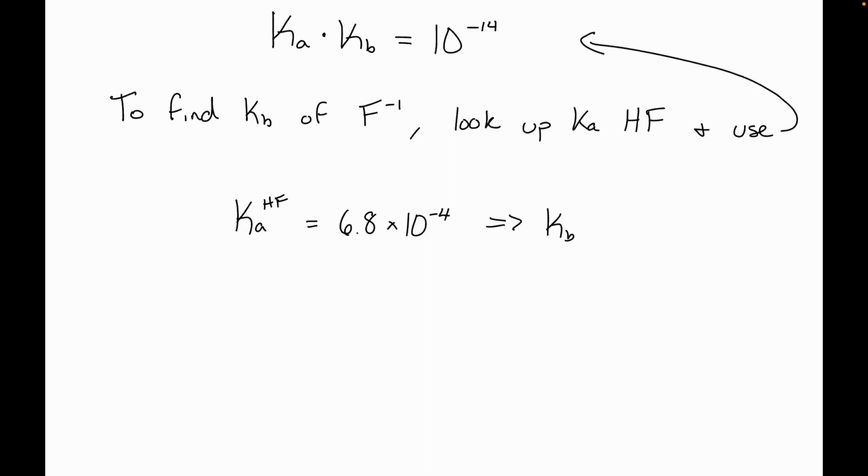So then my Kb is 10 to the negative 14 divided by that Ka value.